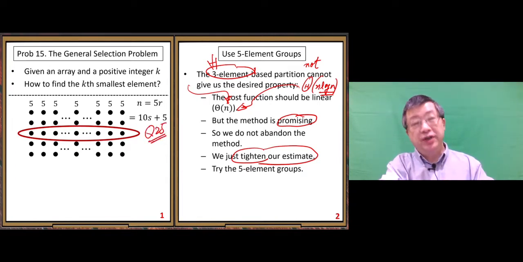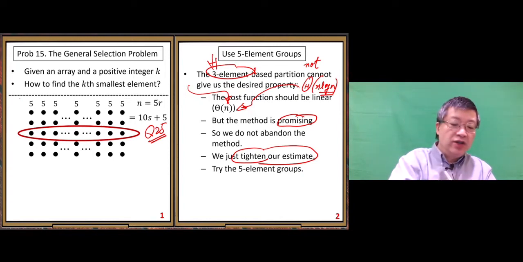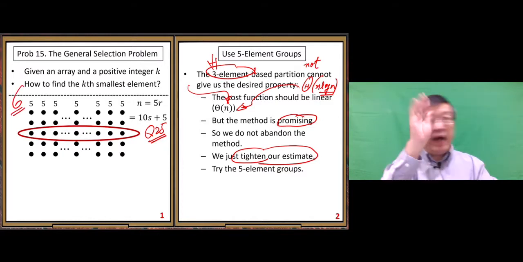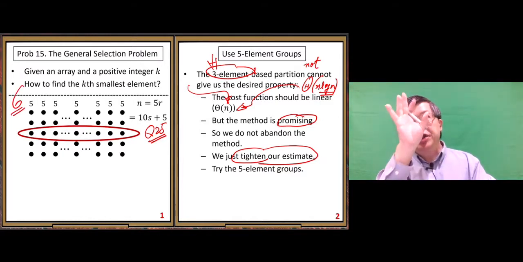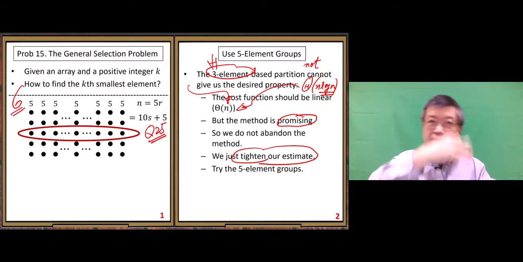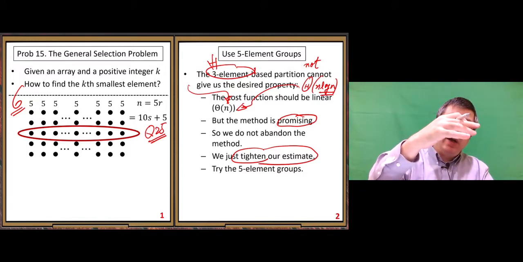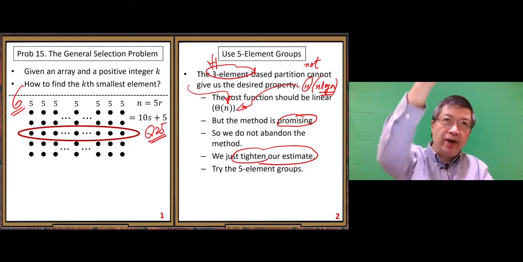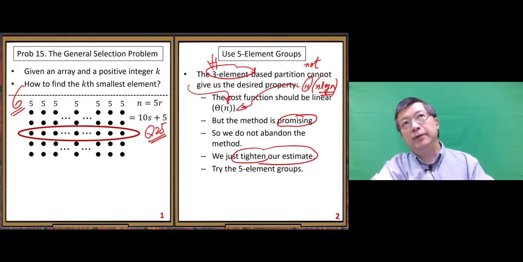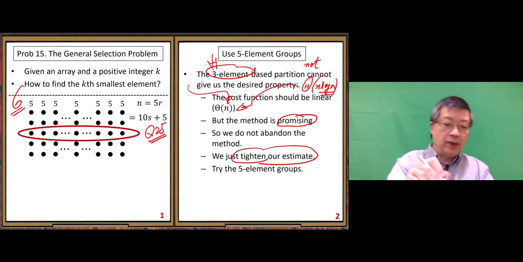It is pretty challenging, but I want you to try. So I give you a hint. The answer: 6 comparisons. In that step, we need 6 comparisons to find the median of a 5-element array. So we will use that result.